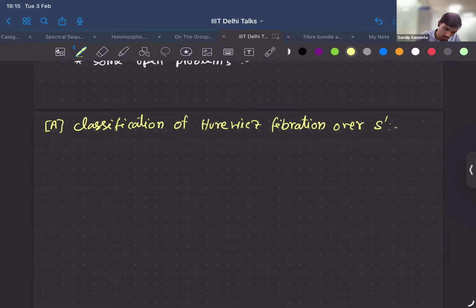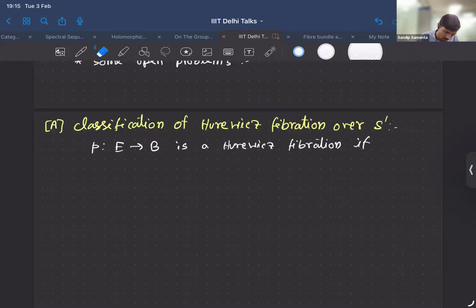Recall what a Hurewicz fibration is. A map p from E to B is a Hurewicz fibration if this map has the homotopy lifting property with respect to any space. What does that mean?